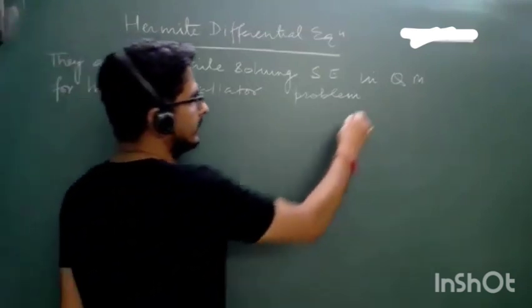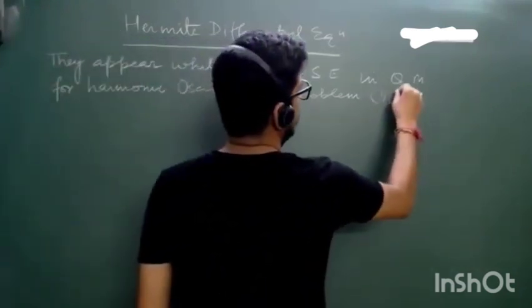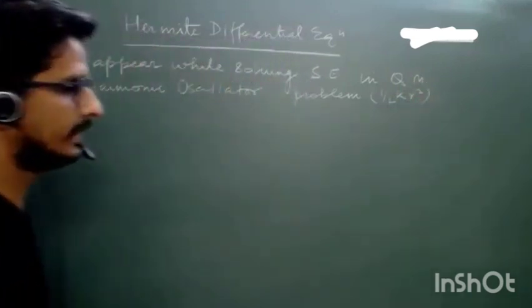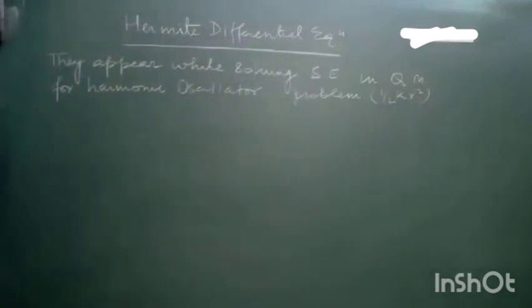You know that it is half of k r square. This kind of potential, when you put it in the Schrodinger equation, here we will discuss in some detail because this is a little easier than Bessel's. So a question can be asked.